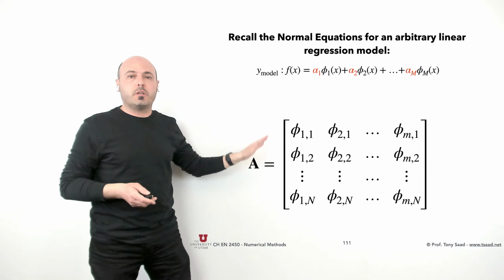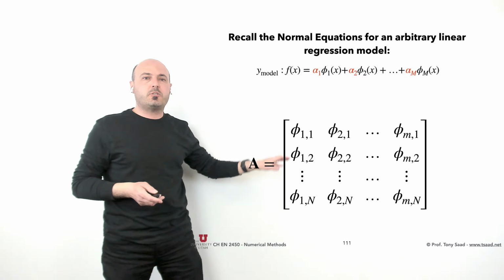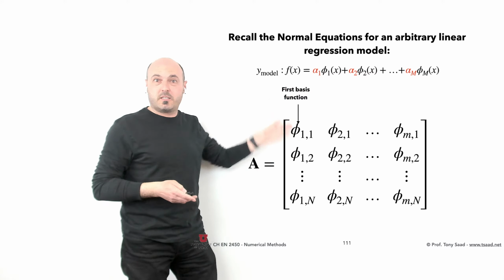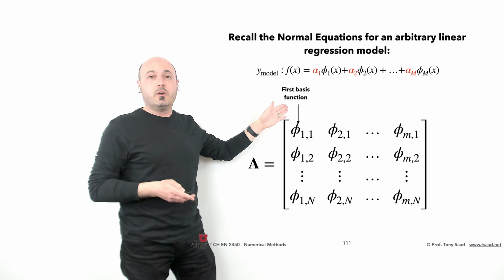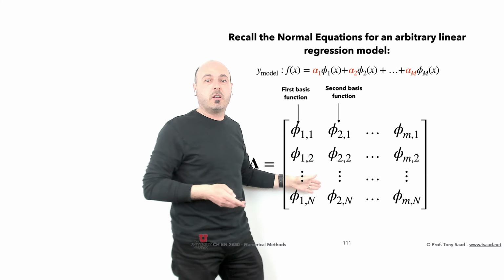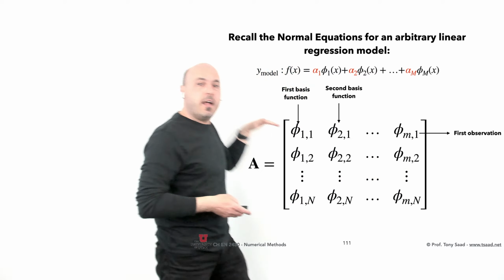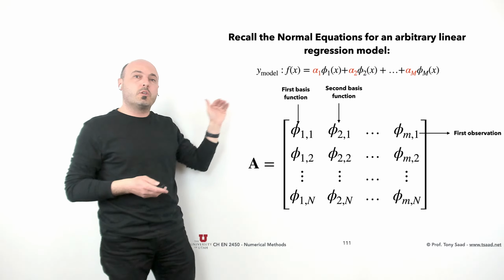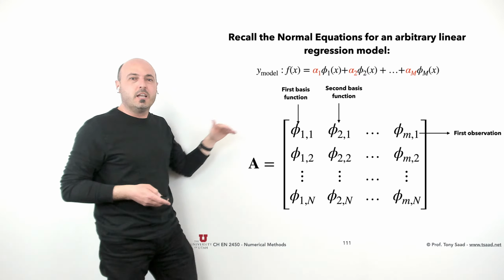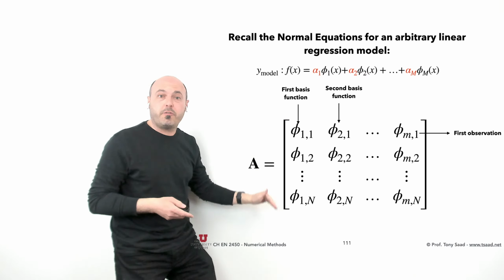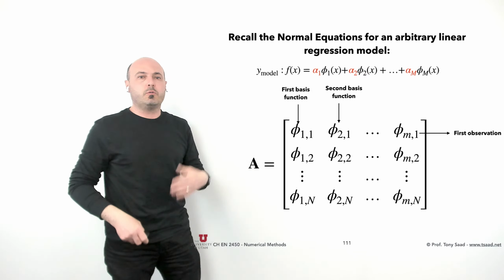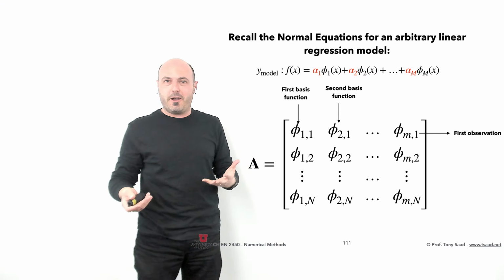It turns out if you can just define this matrix A, where the columns correspond to which basis function you're at. So first column, first basis function, second column is second basis function, and so on. And the rows correspond to the observations at which those basis functions are evaluated. So first observation, the number of observations depends on how much data you have. Okay, so you're given xi, yi values, right?